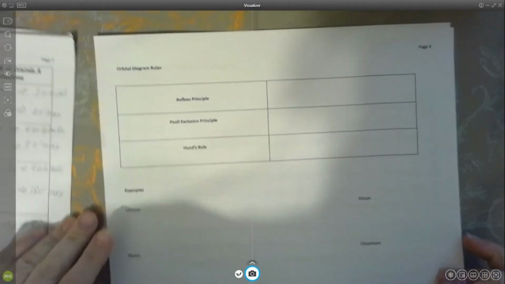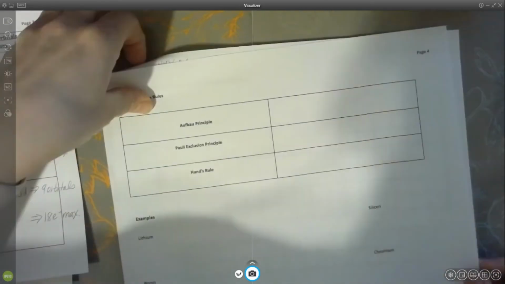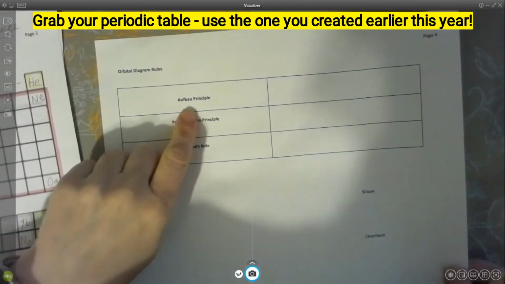So the first thing is, what did I do with my periodic table? Here it is. Aufbau's principle.